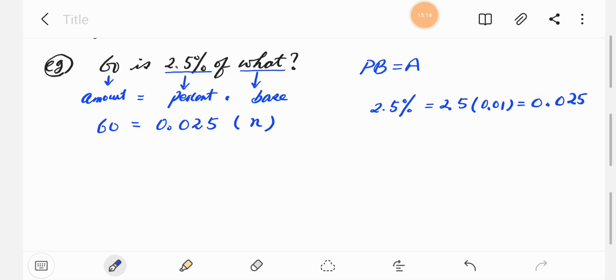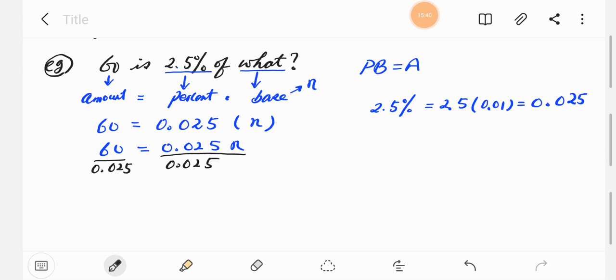And the base, let's make it the unknown variable n. So divide each side by 0.025, because we want to find n.